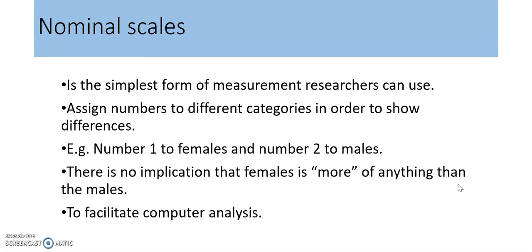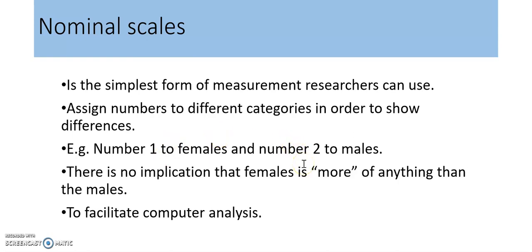One of the famous examples that can be used to describe nominal scales is gender. Nominal scales can be used to describe male and female. Sometimes you will put number 1 as female and number 2 as male, or the other way around.